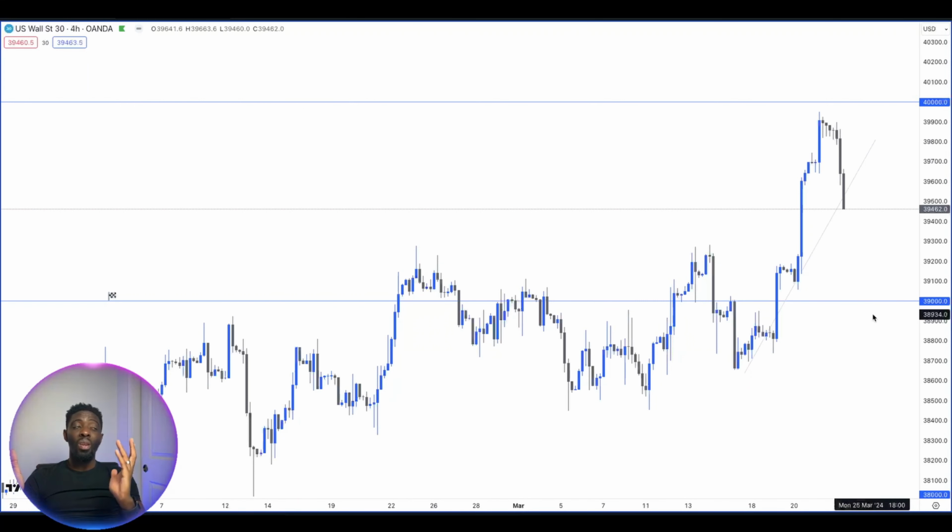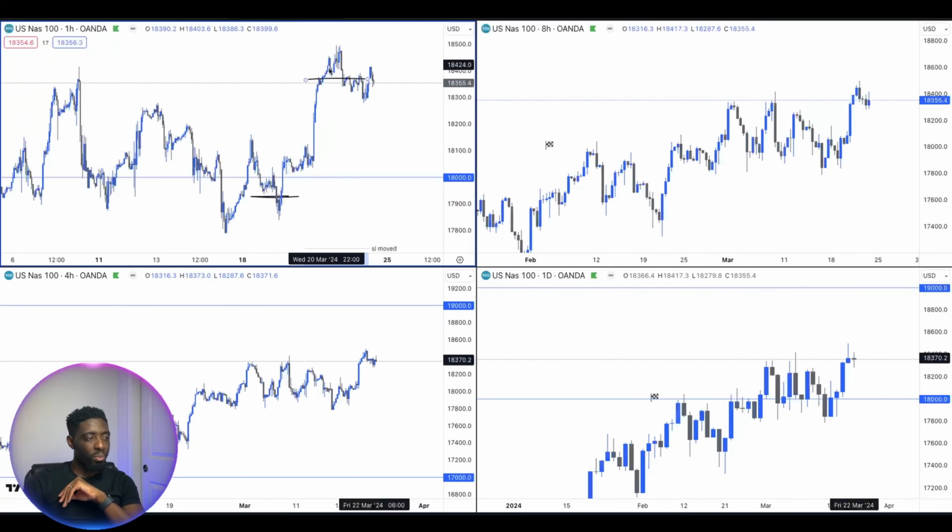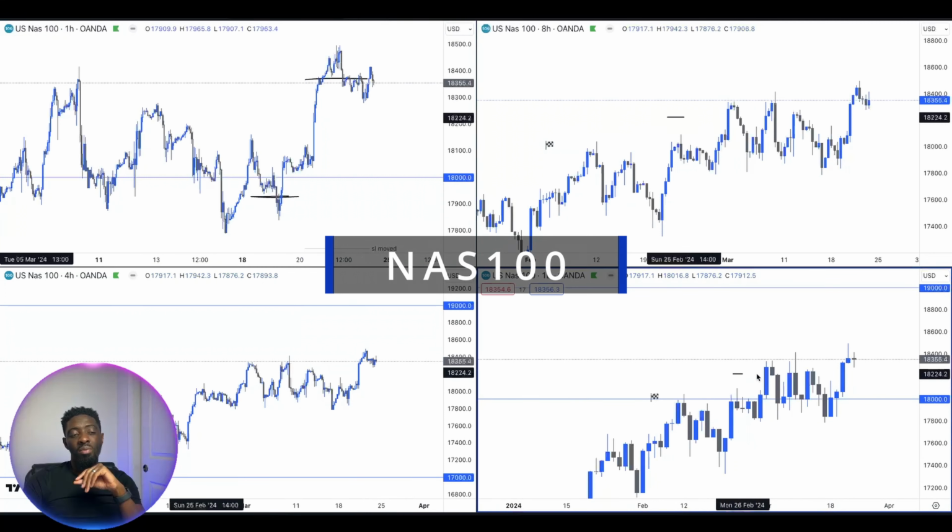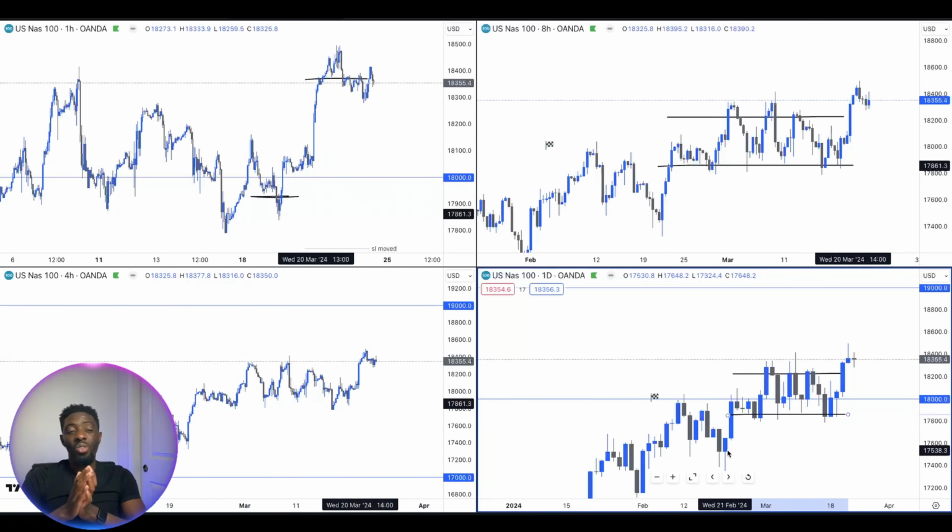And it's the same thing with these other asset classes like NAS, S&P and stuff like that. So we'll do an analysis on NAS100 real quick. So NAS100, again, you have a consolidation right here.